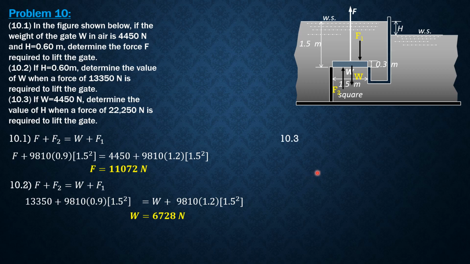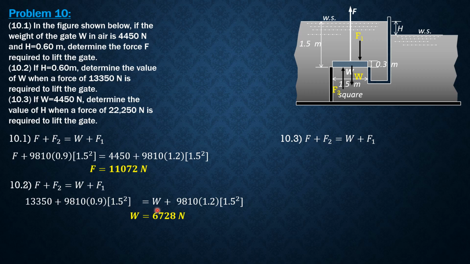Then for the third question, if the weight is 4450, determine the value of H when a force of 22,250 newtons is required to lift the gate. So this is 22,250. F2 is equal to 9810, then bar H is now 1.5 minus big H, so we replace 0.9 by 1.5 minus big H. Area is the same.